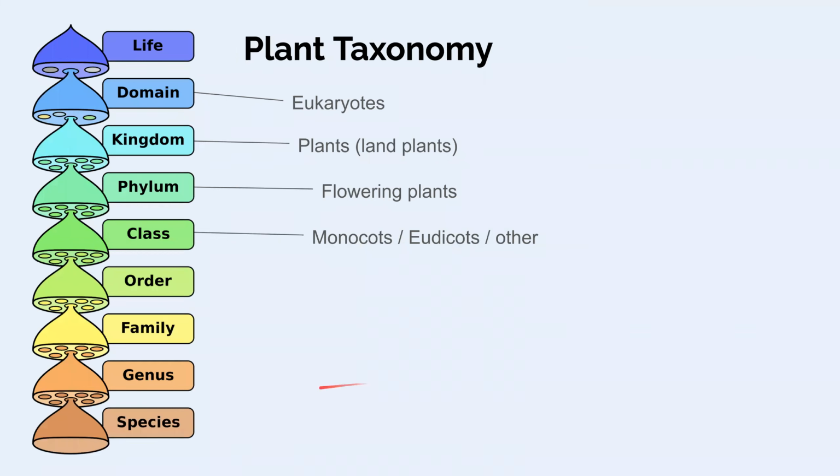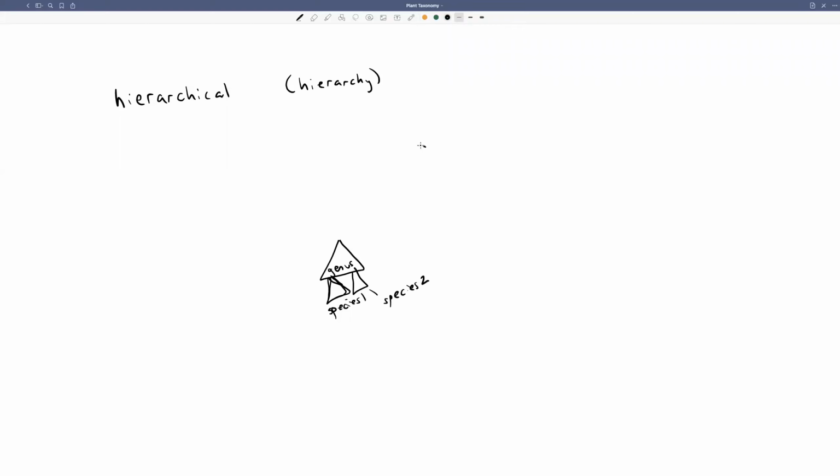So species are contained within genus. The plural of genus is genera. I'm going to dwell on this for a second because people like to spell it differently and pronounce it differently.